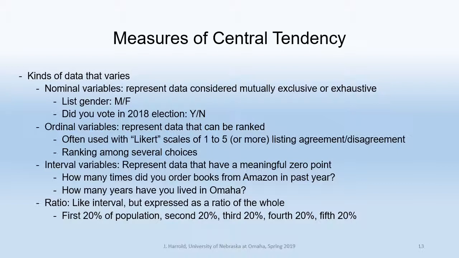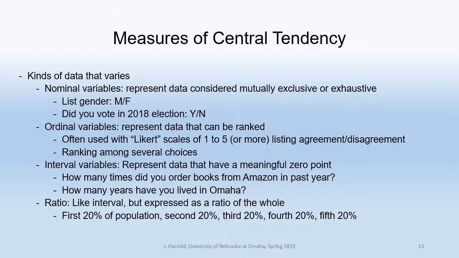Did you vote in the 2018 election? Yes or no. Then there are ordinal variables, which rank order choices. That is the kind of variable you often see in surveys that use Likert scales, scales of 1 to 5 or 1 to 7, listing relative agreement or disagreement with a statement. And then there are interval variables.